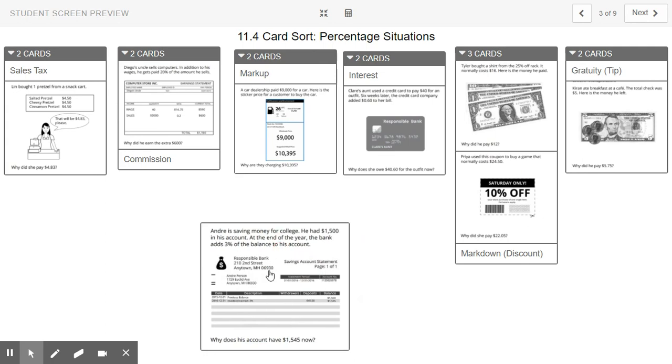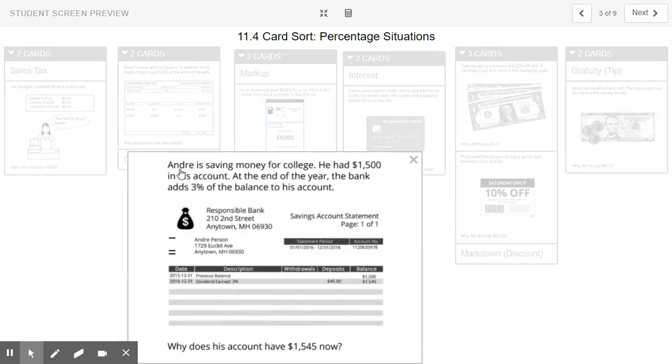And now we're left with Andre. Andre's saving money for college. He had $1,500 in his account. At the end of the year, the bank adds 3% of the balance to his account. So he started with $1,500, and then it says dividend earned 3%. And they added $45 on. So he made $45 extra.